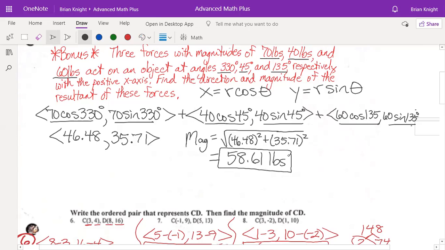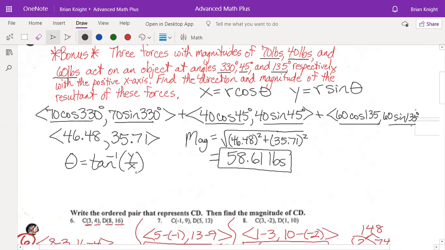Then we have to find the direction, aka the angle. Theta is the inverse tangent of y over x every time. Again, it's on your formula sheet. Inverse tangent of y over x. Or you can just remember U rock. Excellent rock.